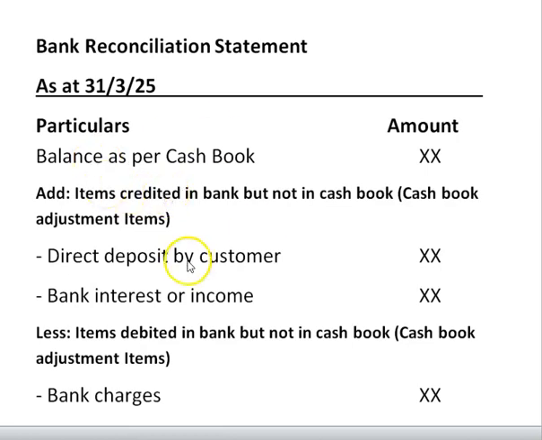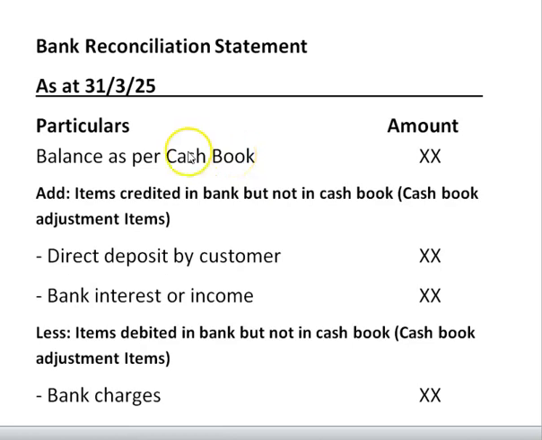So we start with the title bank reconciliation statement as at 31st March 2025. You may have the company name also above here. Then you have particulars, you have amount. Now you are starting with the bank balance as per cash book.